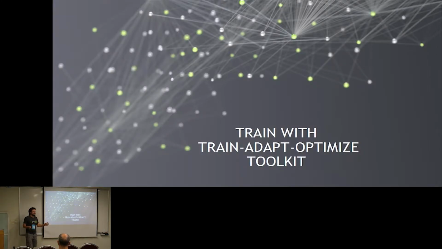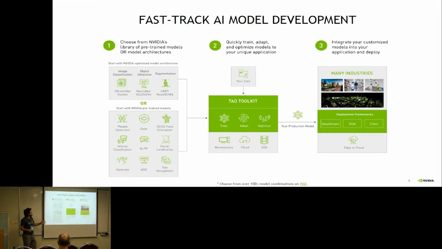Let me first give you a short introduction to TAO. TAO stands for Train, Adapt, Optimize, and this is what you basically always do with your models. You take some pre-trained model, if it exists in your domain, and for computer vision tasks, which TAO originated from, there is usually quite a good, sizable pre-trained model.